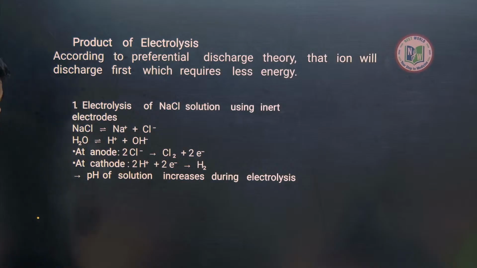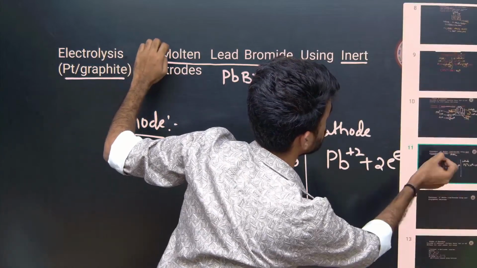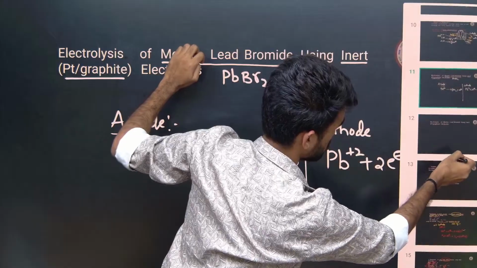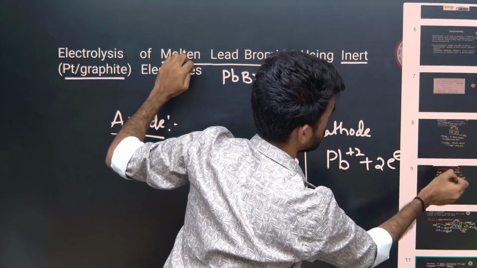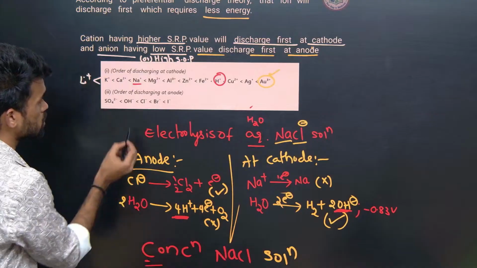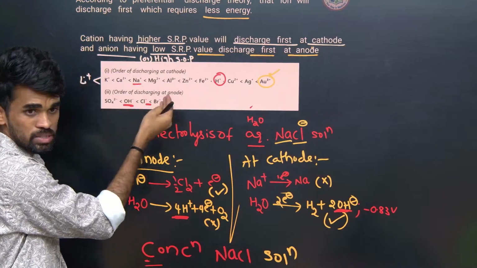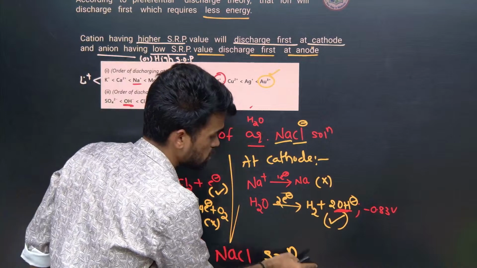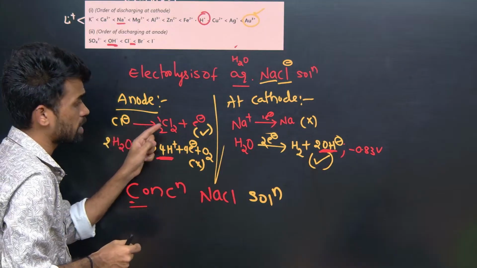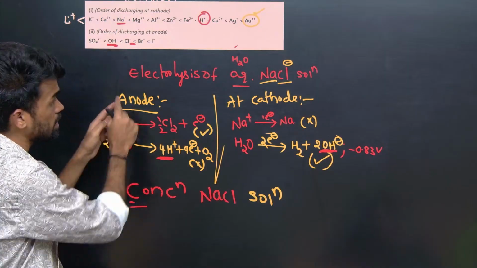Sometimes in some books OH minus will be given before Cl minus. Actually, whenever we have Cl minus ion and water, in most cases chlorine will discharge.